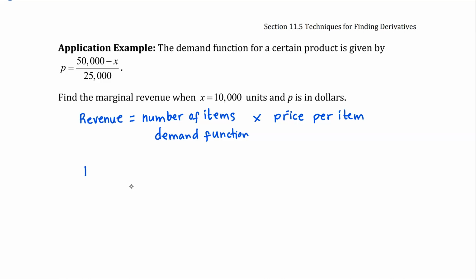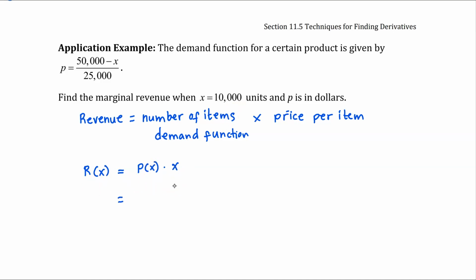So therefore, R of x, the revenue function here, is just equal to our demand function, P of x, times the number of units, which is 10,000 in this case. So times x. So we will plug in x later. Let's compute first the revenue function in terms of x.